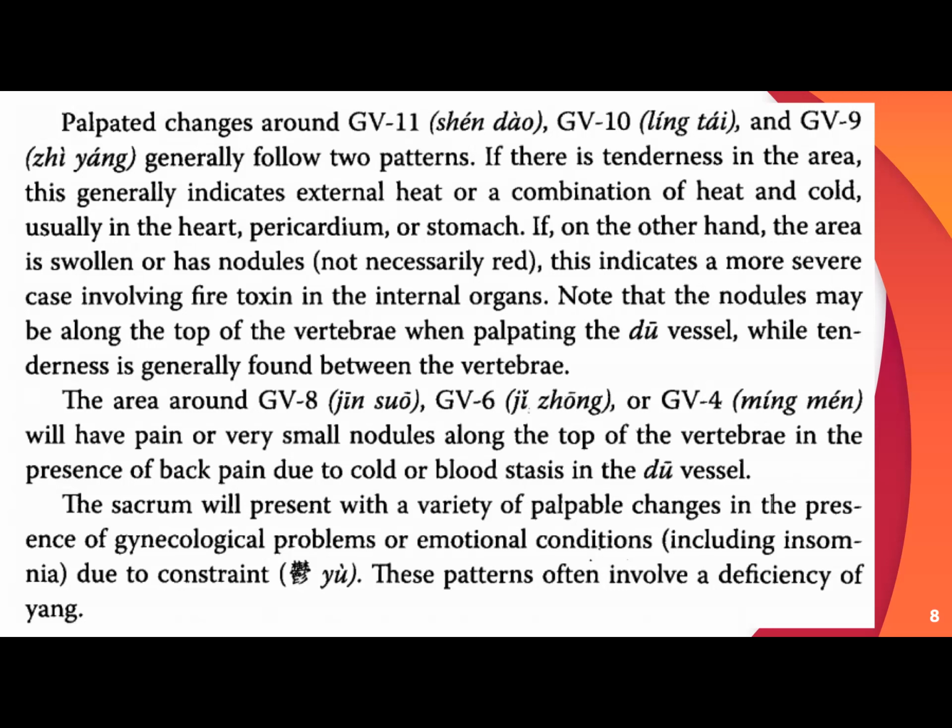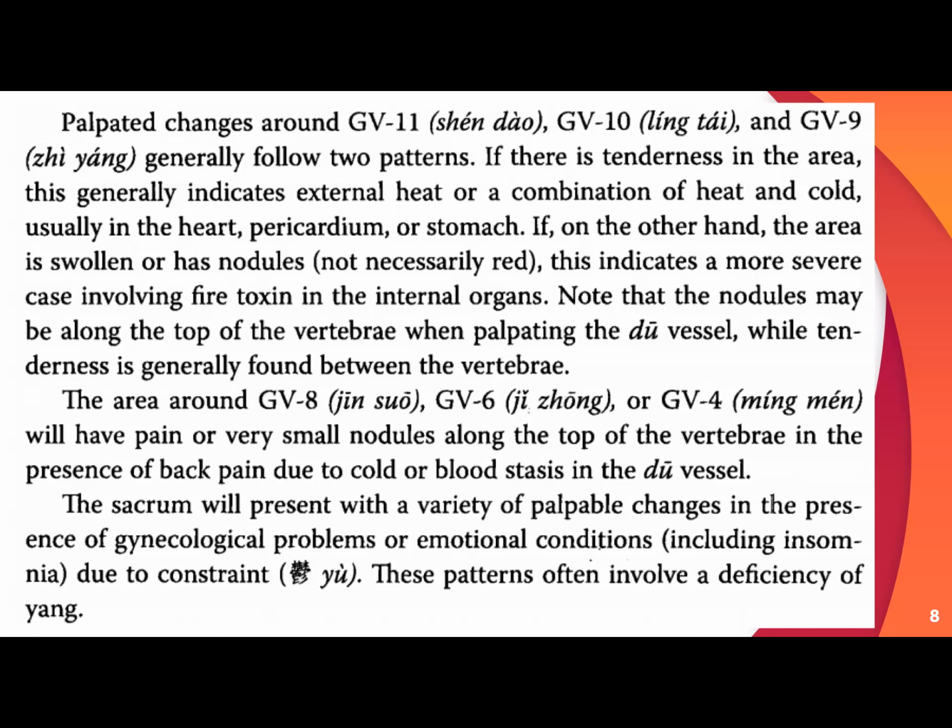If, on the other hand, the area is swollen or has nodules, which is not necessarily red, this indicates a more severe case involving fire toxin in the internal organs. Note that the nodules may be along the top of the vertebra when palpating the Du vessel, while tenderness is generally found between the vertebrae.